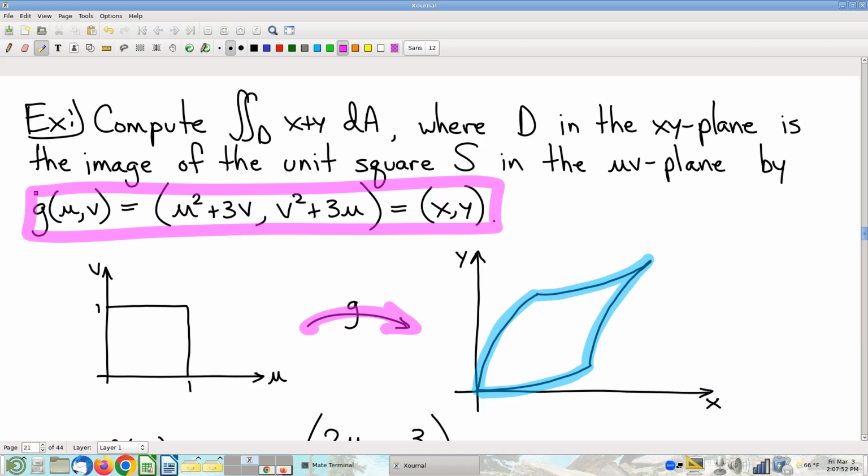Don't get used to this. It usually won't be this. Questions won't give you the change of variables function most of the time. And by way of that change of variables function, it's the image of the unit square in the UV plane. All right, so with all of this given, we're going to try to do a change of variables. Everybody with me?